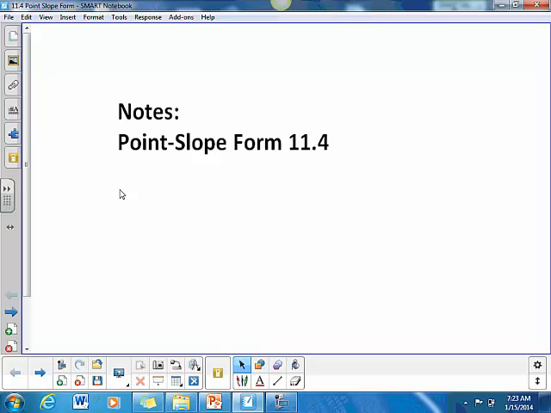Today, we're going to talk about writing linear equations in point-slope form. It's just another form of writing a linear equation with the information that you're given.